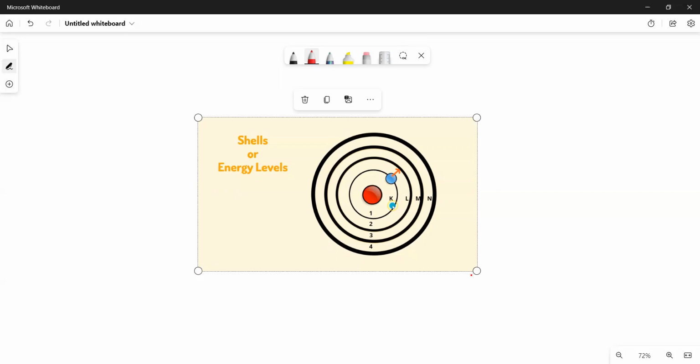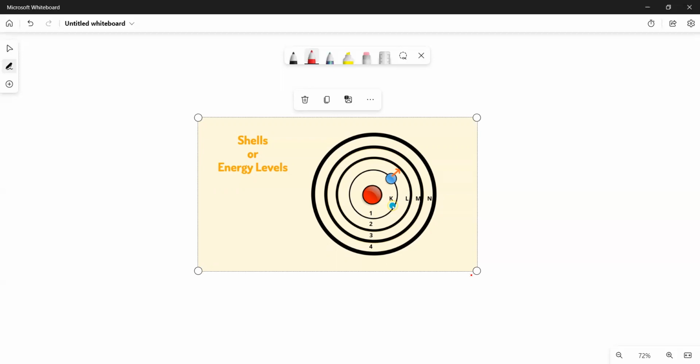As per Bohr theory, we already know that these shells are almost like how the solar system is: the sun is in the middle, and Earth, Venus, Mercury, Neptune, all the planets are moving around the sun, right? So it is almost equivalent to the solar system that Bohr described.